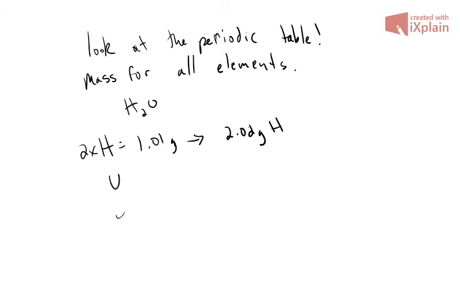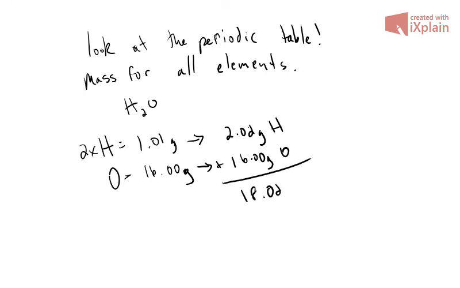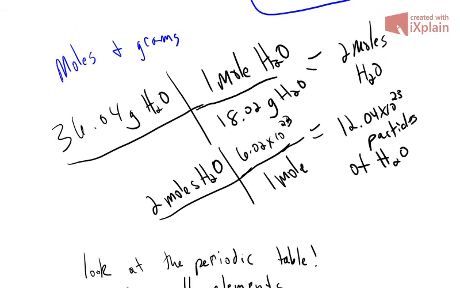Now, oxygen's molar mass is 16.00 grams, roughly. And there's 1 of them, 16.00 grams of oxygen. If we add that together, oh my goodness, look at that. That is 18.02 grams of H2O, and that is exactly what we used up here.